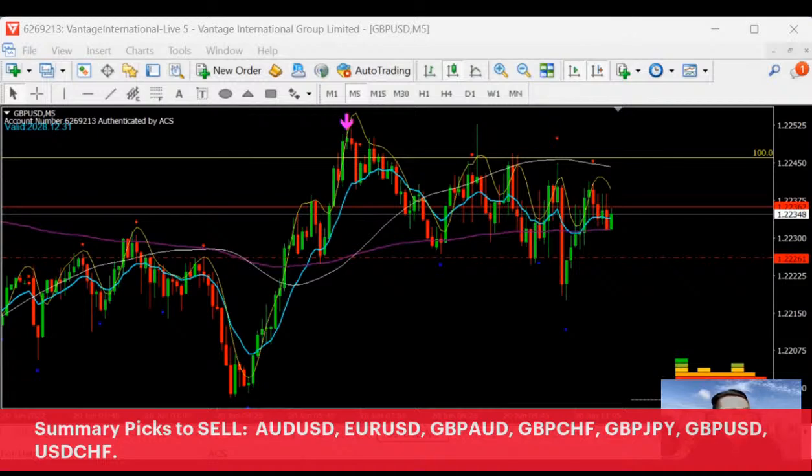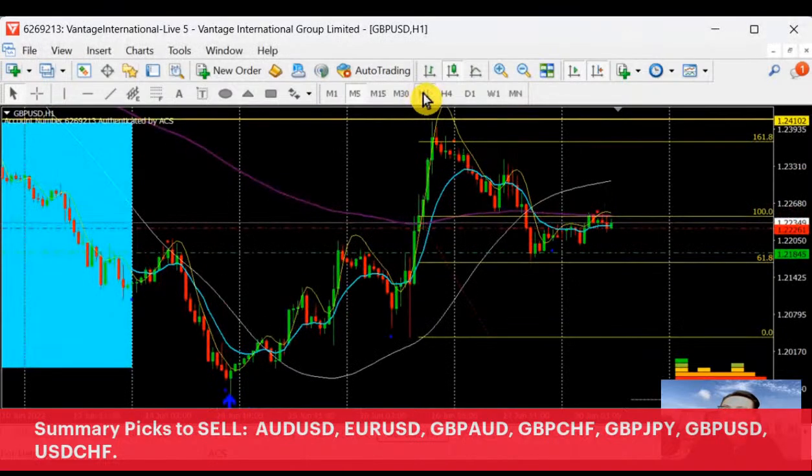Yen dollar? Still stuck around 161.8, or 161.